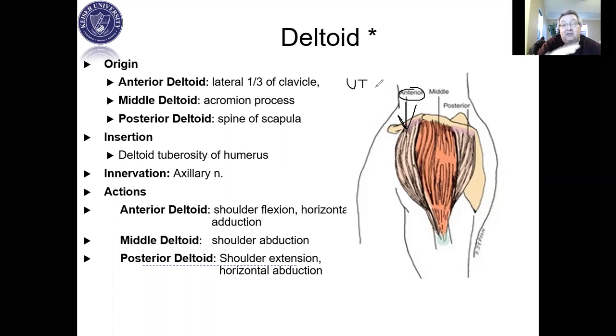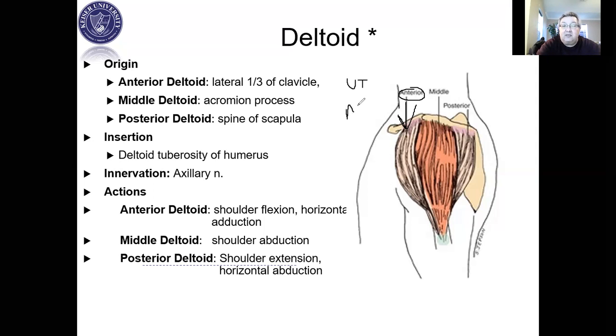It sounds a little confusing now, but if you remember that, all right, Mr. Dunn splits up the trapezius into an upper, a middle, and a lower, and he splits up the deltoid into an anterior, a middle, and a posterior. So he talked about correlating them. Well, the upper trap has its insertion on the lateral third of the clavicle. The deltoid has its origin on the lateral third of the clavicle.